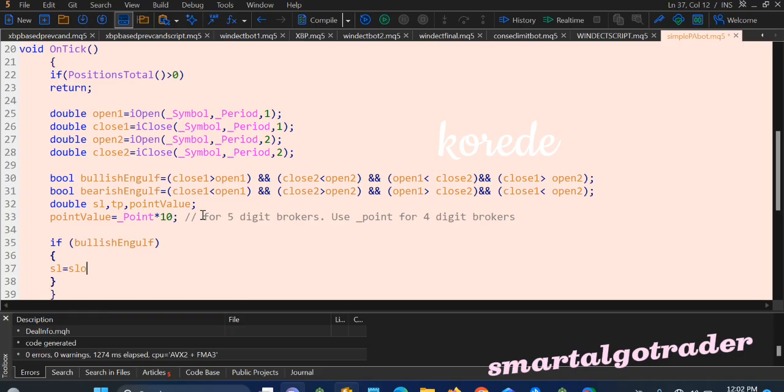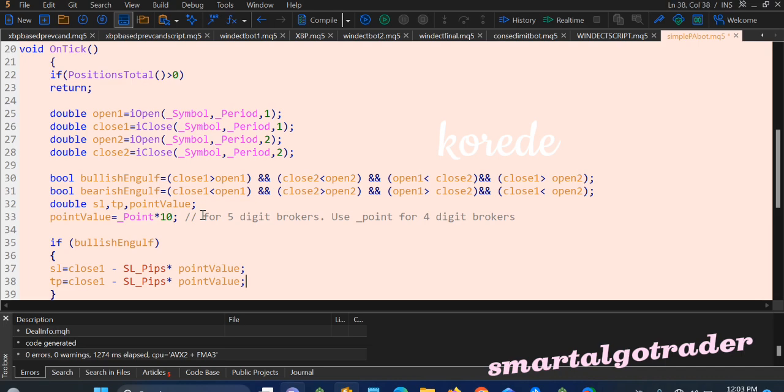Stop loss is close one minus the stop loss pips multiplied by the point value. Simple. Now the TP. Honestly, MQL5 is actually very simple if you can get your information and your criteria as well. I can even copy and paste, but let me do that.